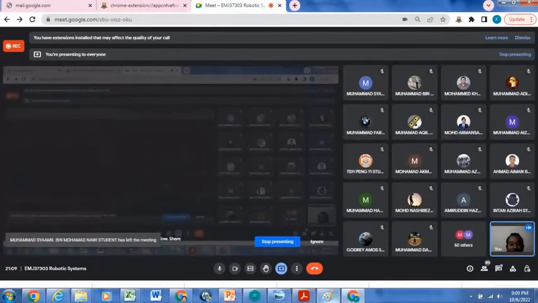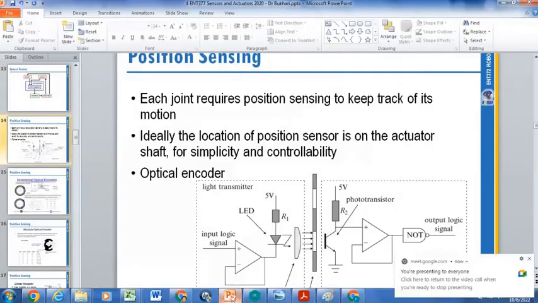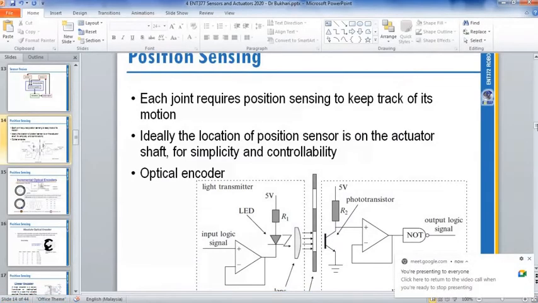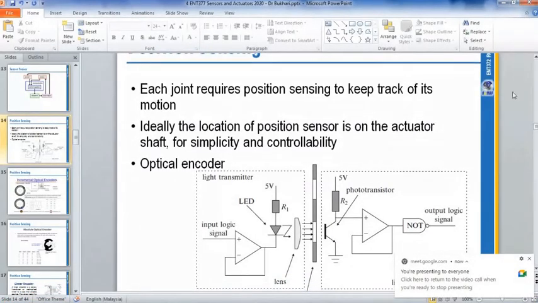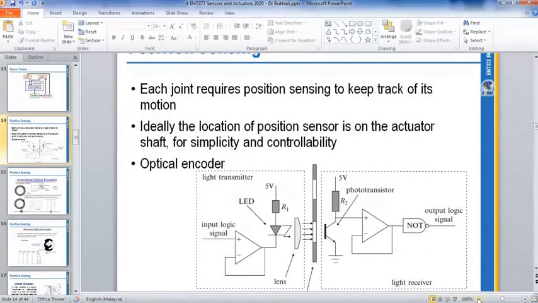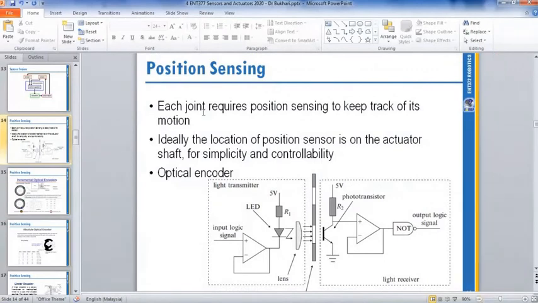So we go back to our slide. Okay, this is the encoder. The position sensing, we call it position sensing. What is position sensing? This is one example of position sensing, we call it the encoder. There are many types of encoder.